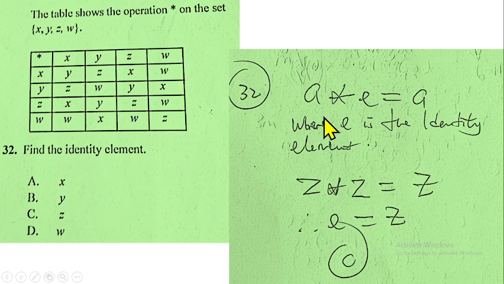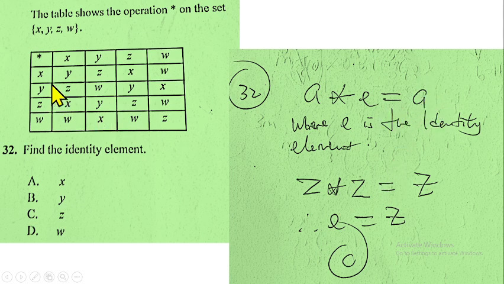The rule for the identity is that a asterisk e should give us a, where e is the identity element. So if you look at the table, when I operate an element by the identity, it should give me that element back.